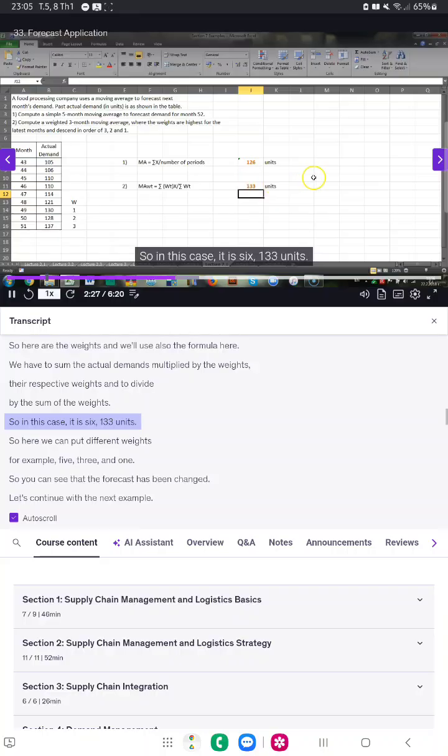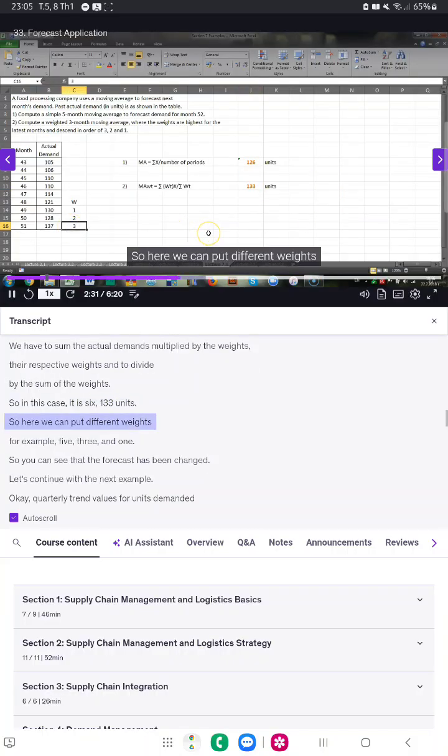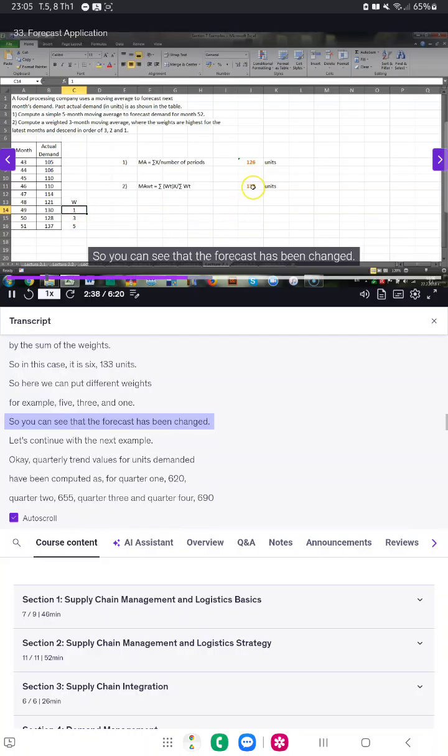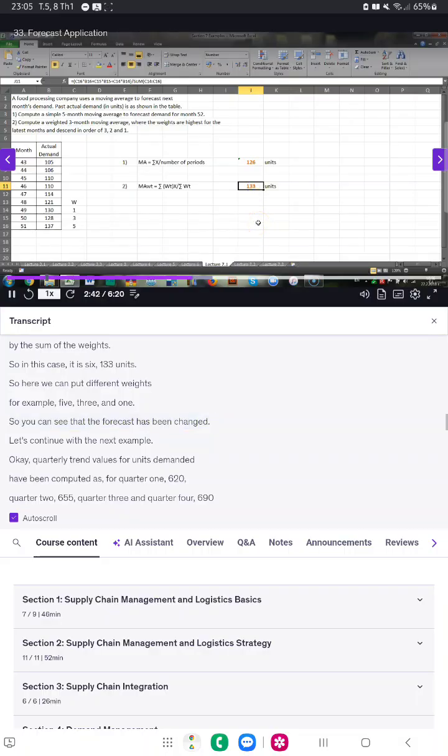In this case it is 133 units. Here we can put different weights, for example, 5, 3, and 1. So you can see that the forecast has changed.